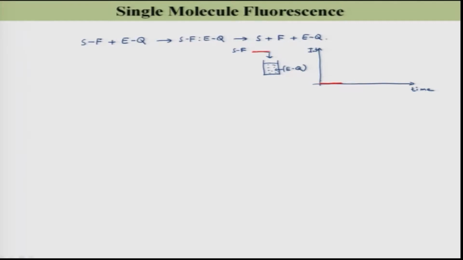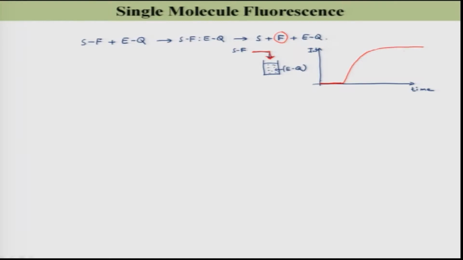Once you add this SF to the mixture, the EQ will react with SF to form free fluorophore. So, with time the fluorescence intensity will increase, and when the reaction is complete, all the SF will be converted to S plus F, and the fluorescence intensity will be maximum.